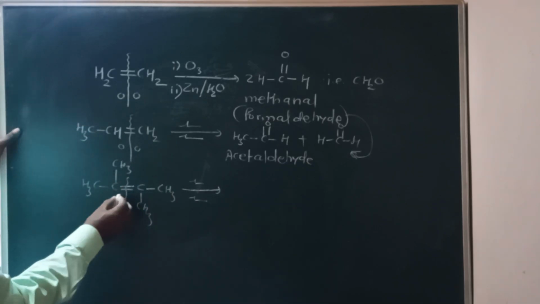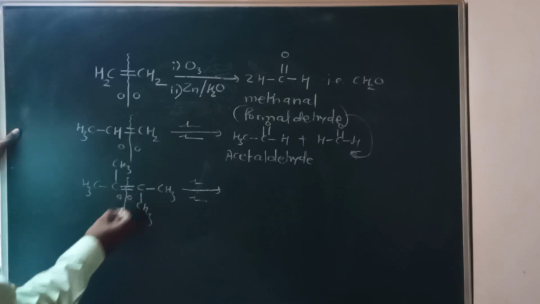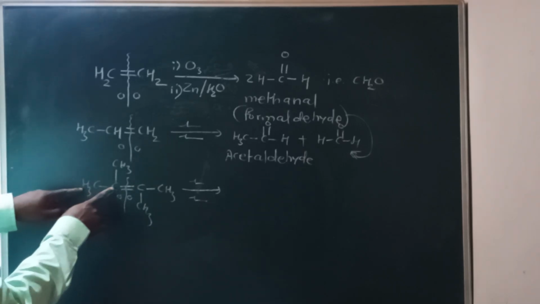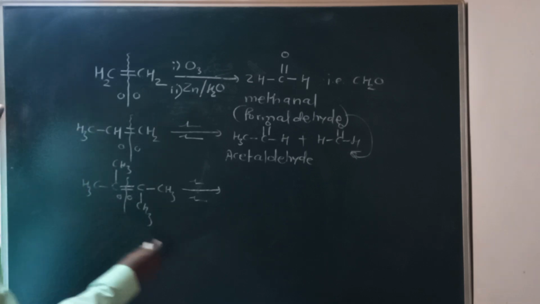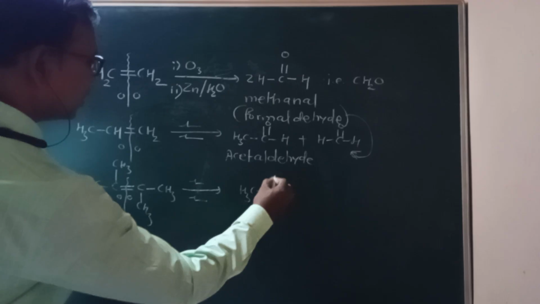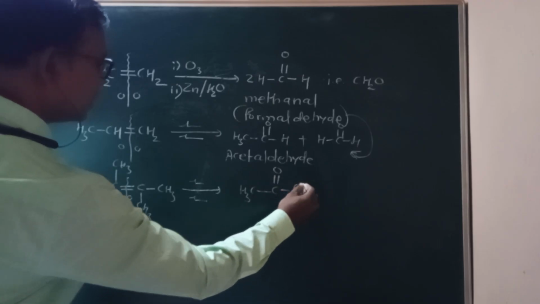the same. So give one oxygen to the left, the other to the right, and form a double bond between this carbon and oxygen. So C will be doubly bonded with this oxygen, and here also the same. So we'll get CH3, C double bond O, and then CH3.